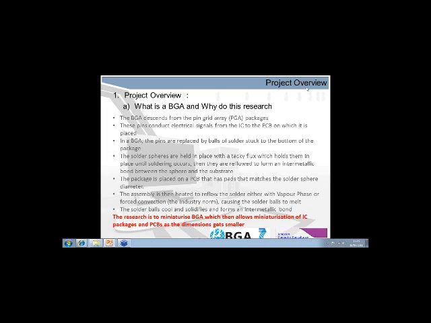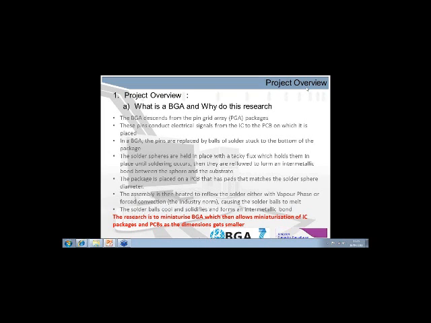The package is placed onto a PCB that has pads that match the solder sphere diameters, and it's reflowed to cause the balls to melt, where the balls will then cool and solidify, forming an intermetallic bond, attaching the package very securely and consistently to the underlying PC board.